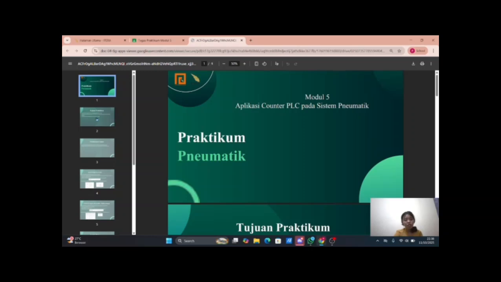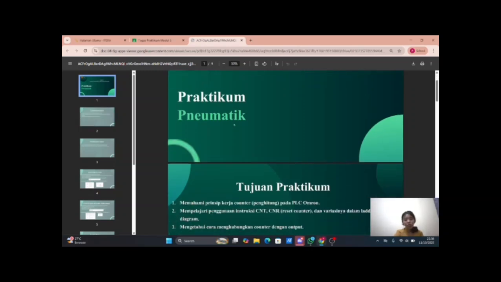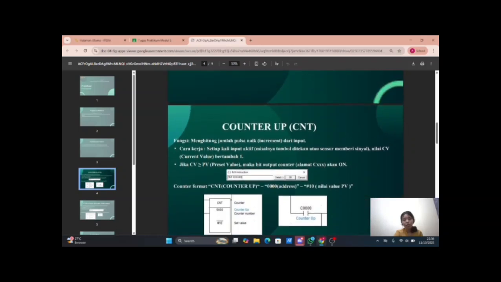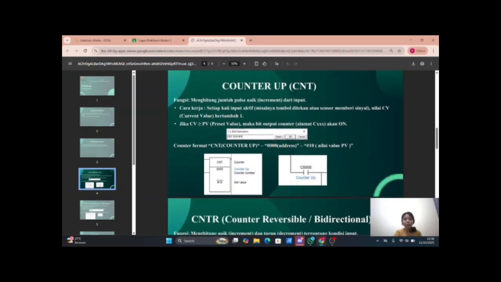First, we discuss the overview of ladder counters, CNT and CNTR. In a programmable logic controller or PLC, counters are fundamental instructions used to count specific events such as the number of pulses or operations.